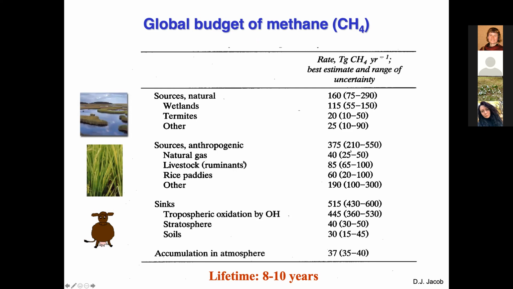So there are even higher anthropogenic sources if we trust this table, and this is a little bit older table from Daniel Jacob. This is not the newest one in these calculations here, but you see also the huge uncertainties. We have higher anthropogenic sources, natural gas, livestock, rice paddies, than we have biological sources.